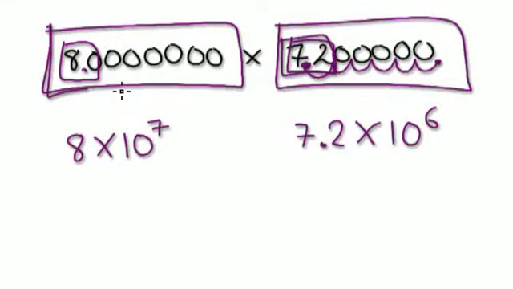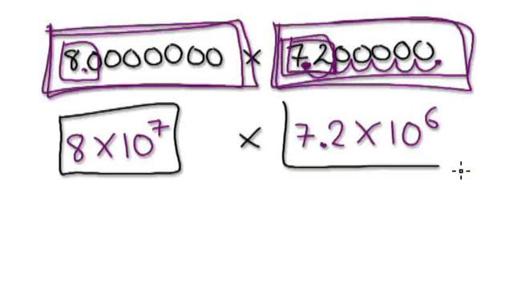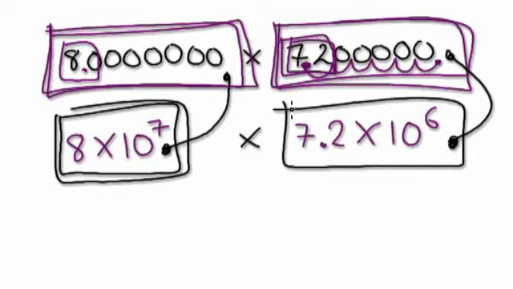Now, because we want this number times this number, we need to get this times this, because this is the same as this, and this is the same as this. Just look at this bit here.